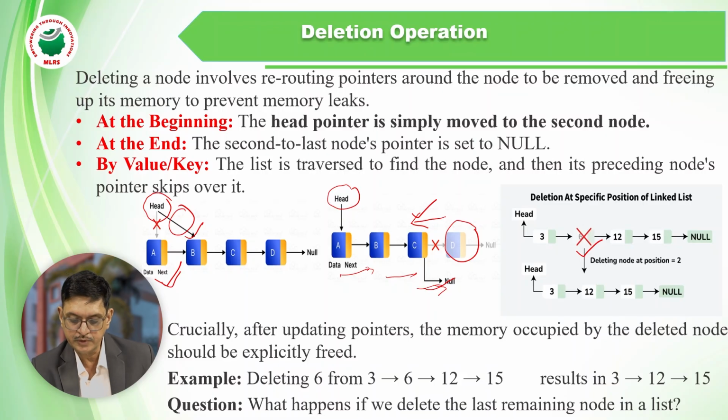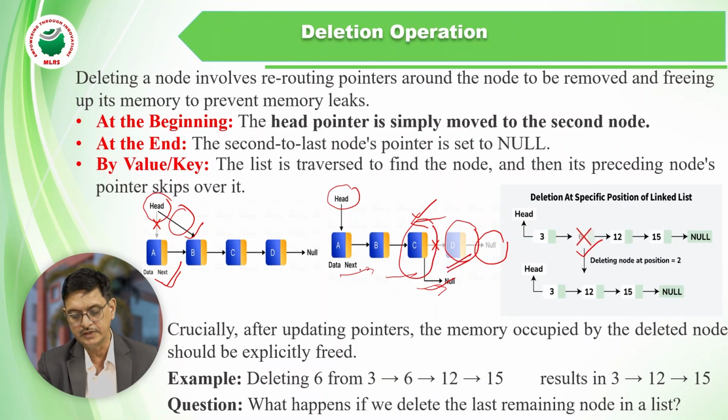The node that contains a null value is the last node. The last but one node is the node which contains the address of the last node.